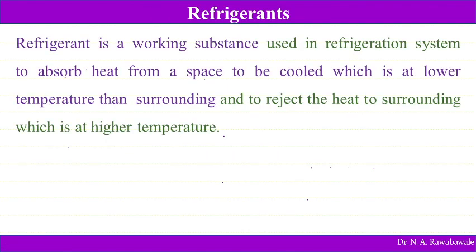Now, what is a refrigerant? A refrigerant is a working substance used in a refrigeration system to absorb heat from a space to be cooled, which is at a lower temperature than the surroundings, and to reject heat to the surroundings, which are at a higher temperature. We want to cool this space, so the heat from this space has to be absorbed by this substance, and that heat has to be rejected to the surroundings so that the same refrigerant can be reused.